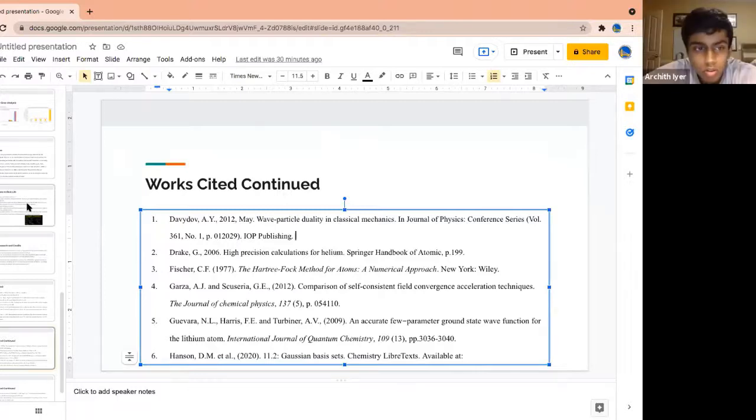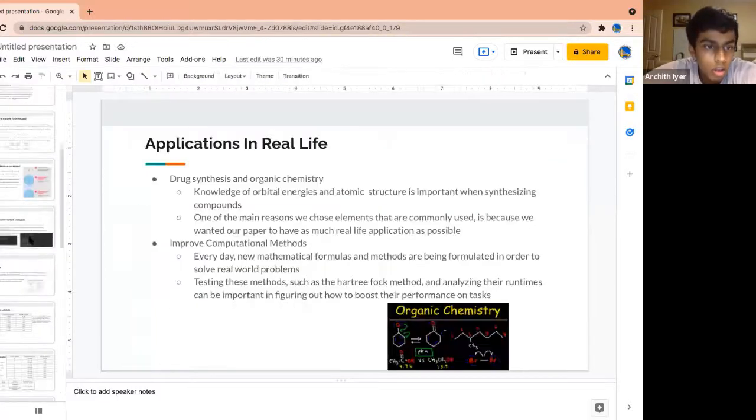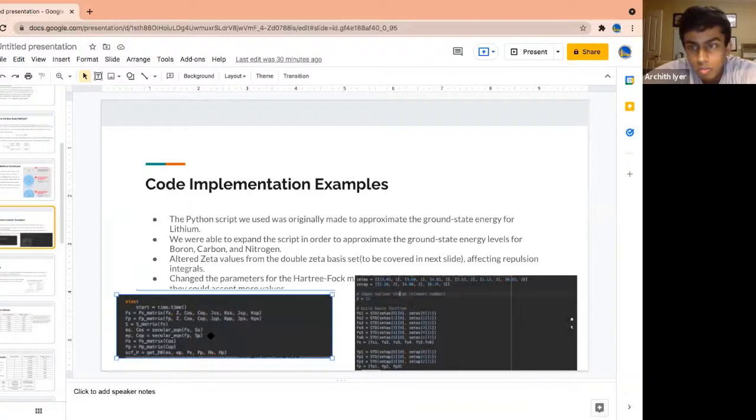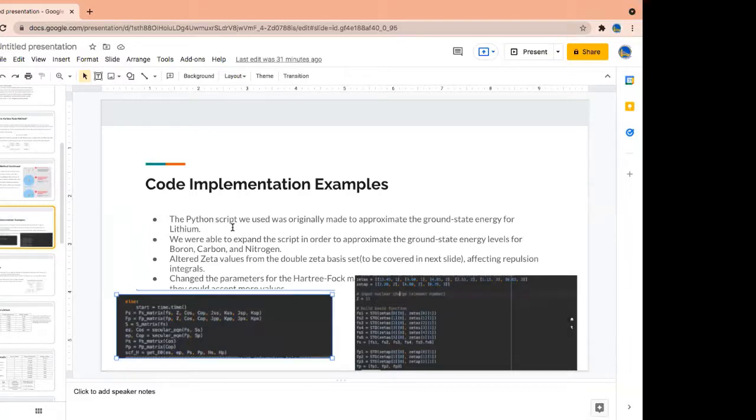Not really, because for the other ones, you could use the same matrices because the Hartree-Fock method is the same. For DIIS, you have to implement a shortcut. I'm not exactly sure where the shortcut takes place, but it's completely different. You have to rewrite some portions of the code, like completely redo it. So it's for each new atom.